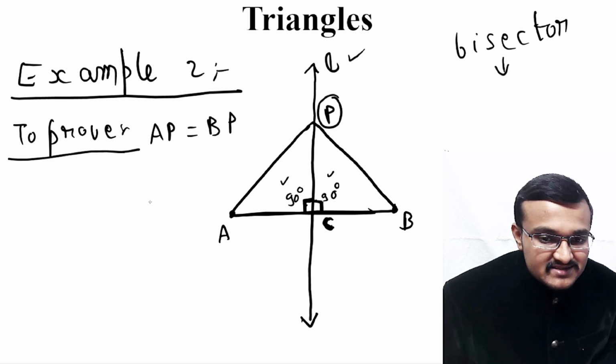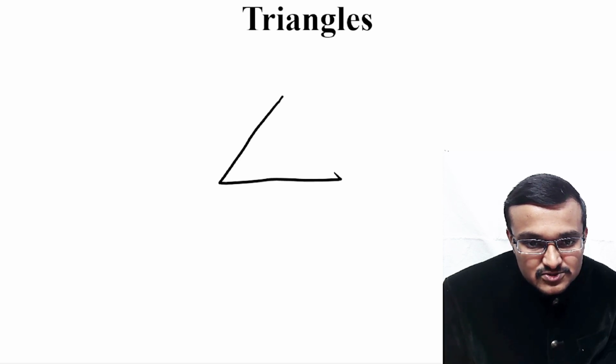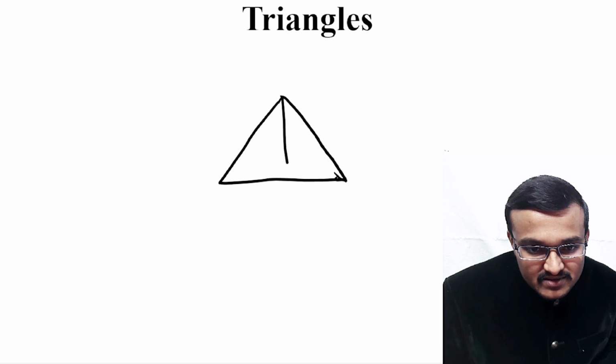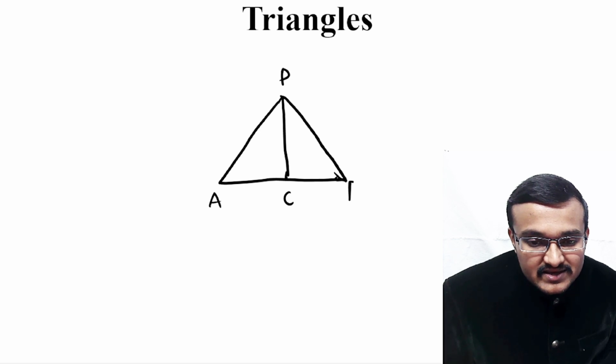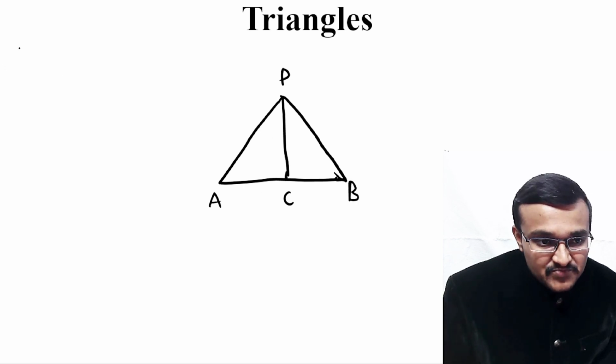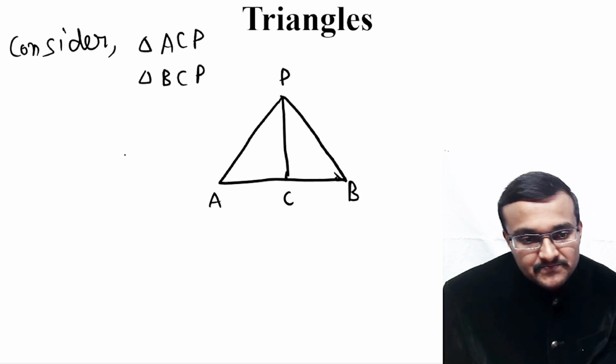I'll just write these two triangles one more time in the new slide. So here, just draw this figure one more time. PC is one particular line which is common for both the ACP and PCB triangles. So now we will consider two triangles: triangle ACP and triangle BCP.